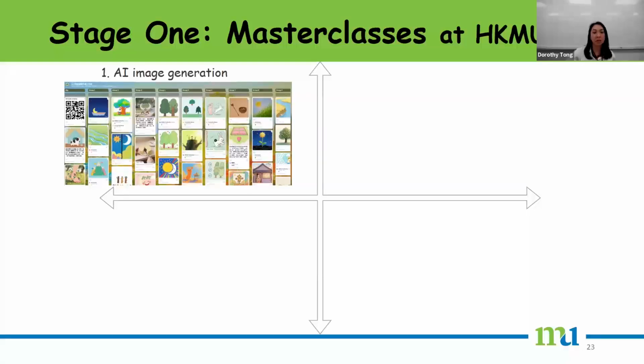Then we asked students to form groups and do group discussions, and they came up with all these different pictures generated by AI. The students gave prompts to the AI. Later, I will give you an example. They generated all these pictures with those AI tools.